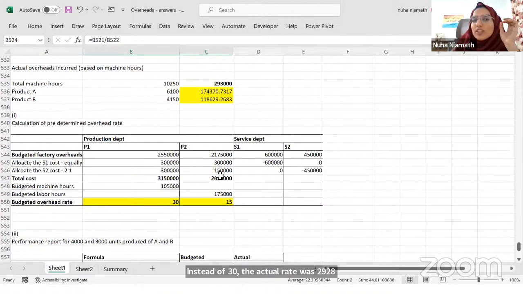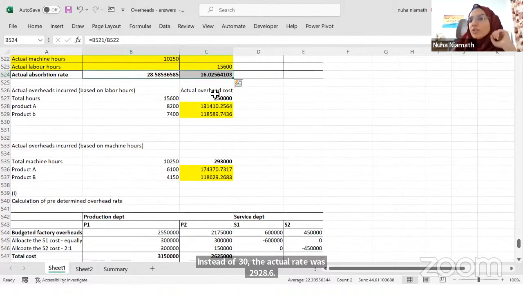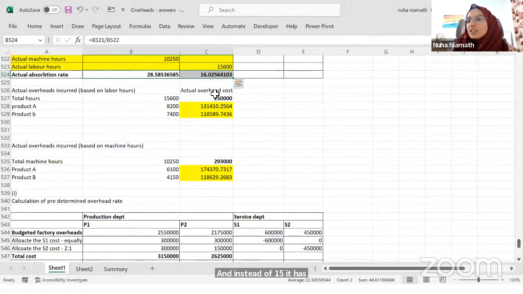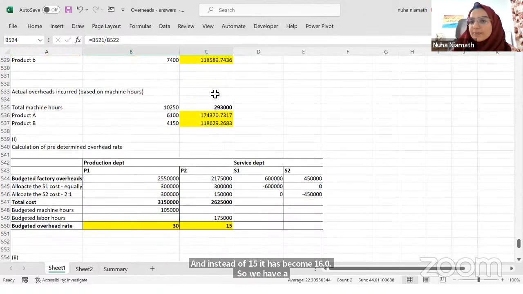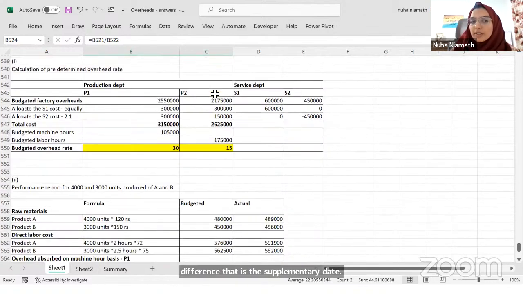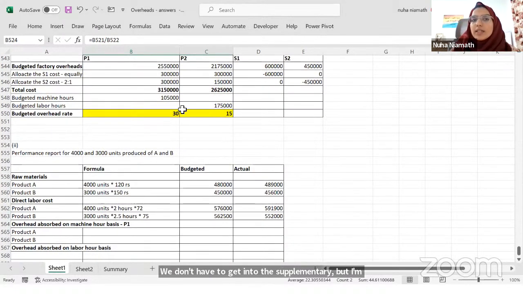And instead of 15 rupees, it has become 16.02 rupees. So we have a difference, that is the supplementary rate. We don't have to get into the supplementary rate, but I'm trying to explain that this 30 rupees and 15 rupees is our predetermined rate, which we will utilize to absorb the overheads so that we find the budgeted cost.